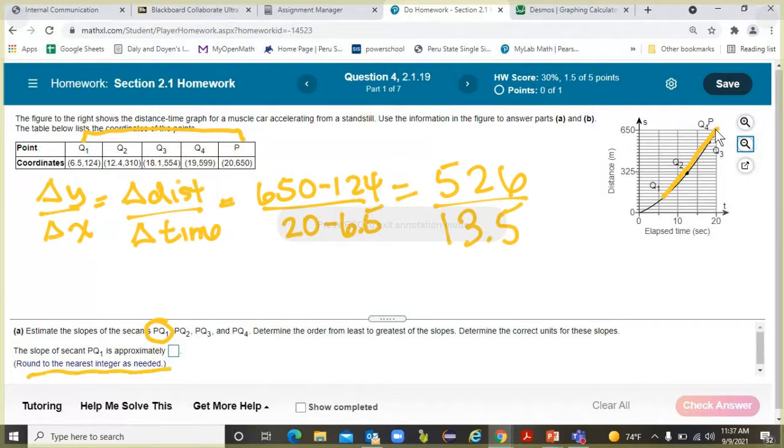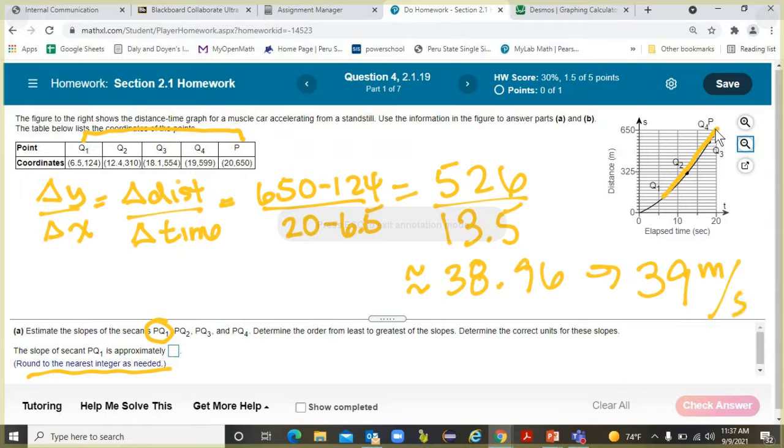It says round to the nearest integer, so let's divide that. 526 divided by 13.5 is approximately 38.96, so the nearest integer would be 39.